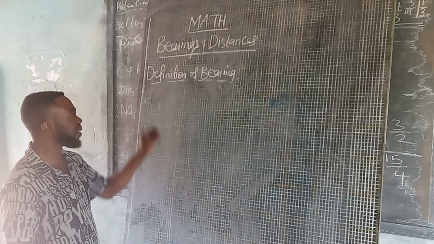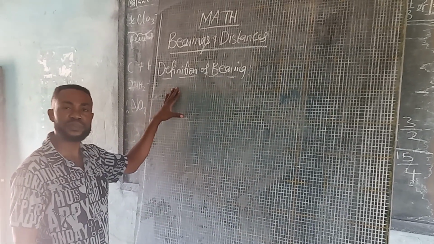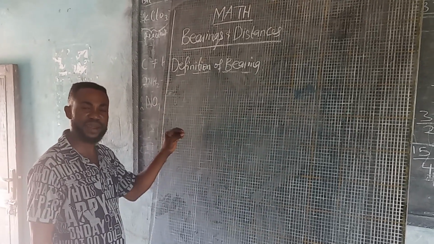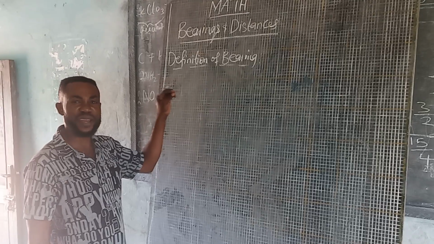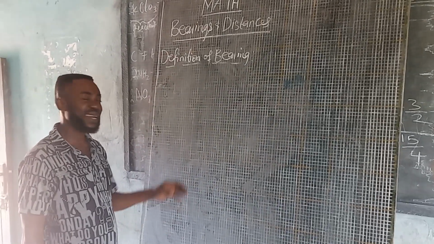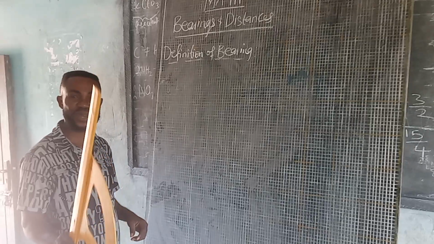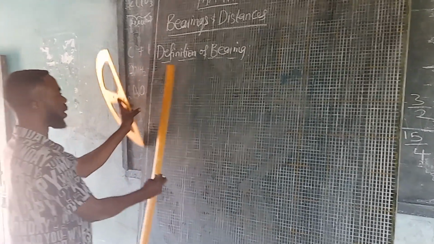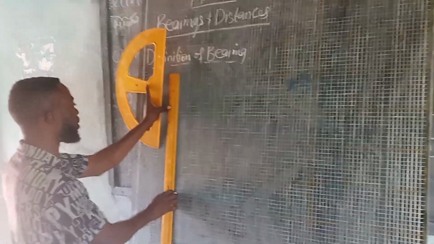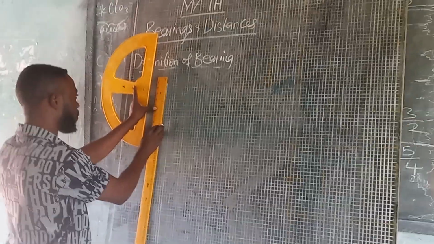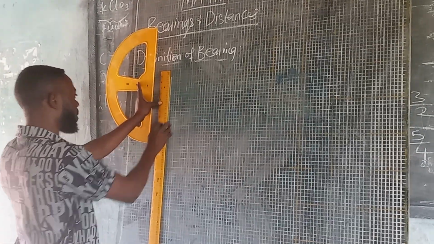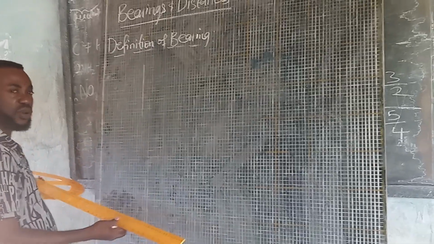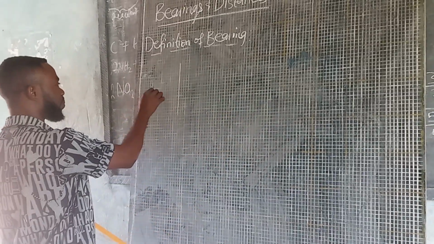Alright. Bearings are measured from the north of any particular location. And for you to know the north, you must make your 4 cardinal points. You make them with your ruler. On the plane of your book, you have the horizontal line drawn by the machine.